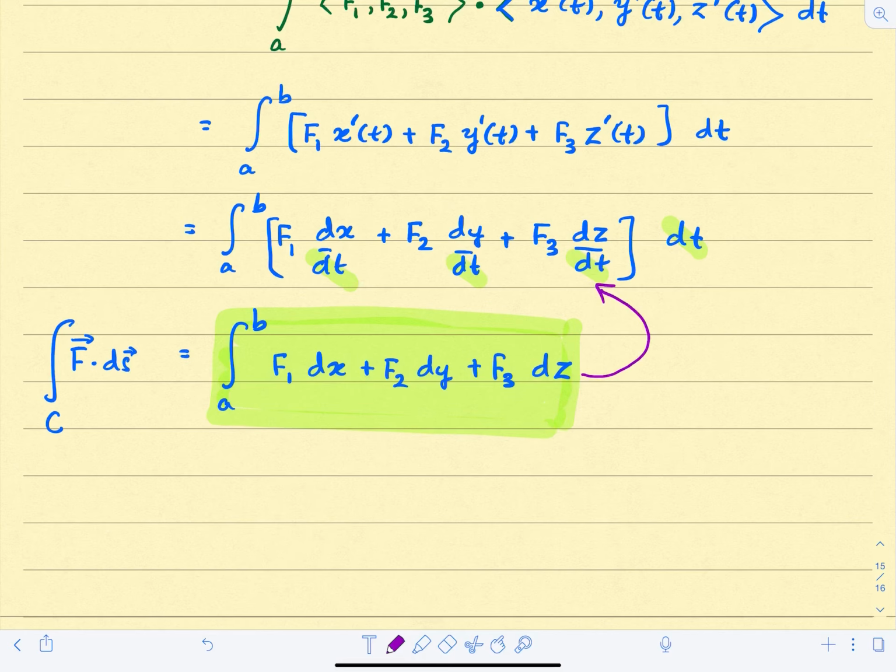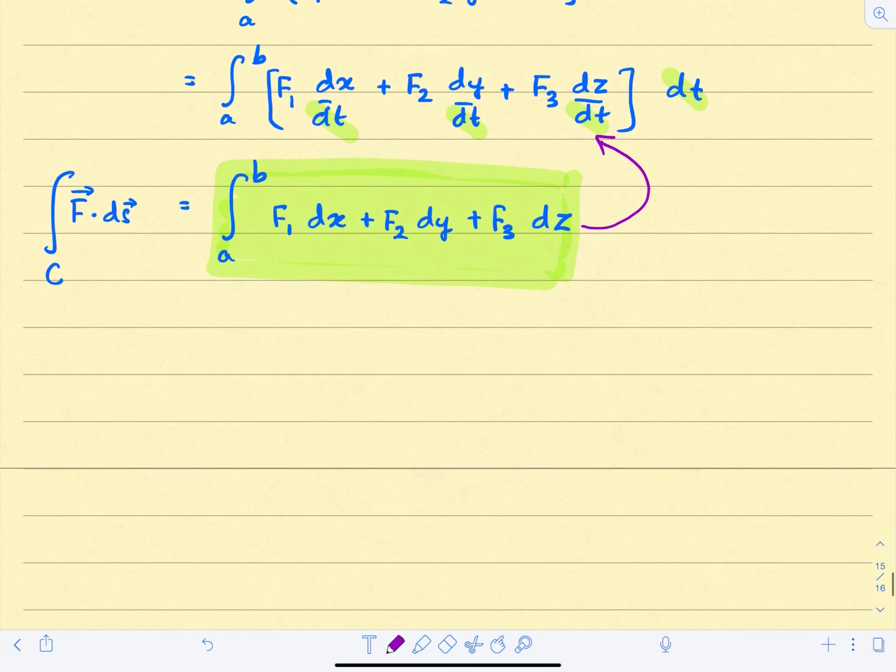Then we can do the integral. Okay, so let's consider an example from this. Say this is example 13.2. I think this is the fifth one.